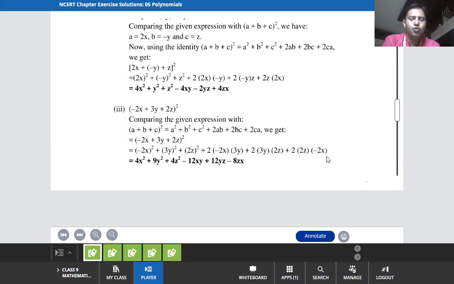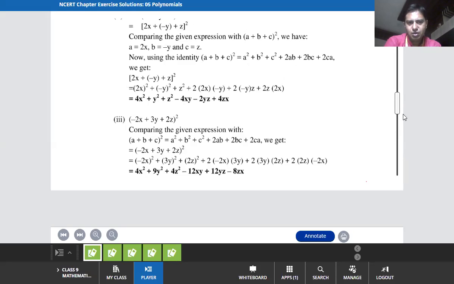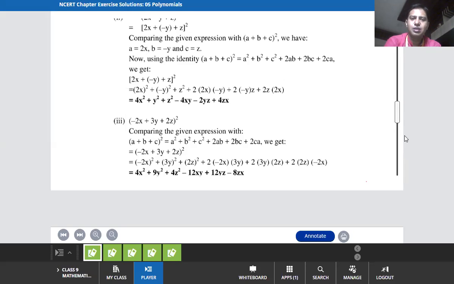So the answer is 4x square plus 9y square plus 4z square minus 12xy plus 12yz minus 8zx is the answer for question number 2, part 3.